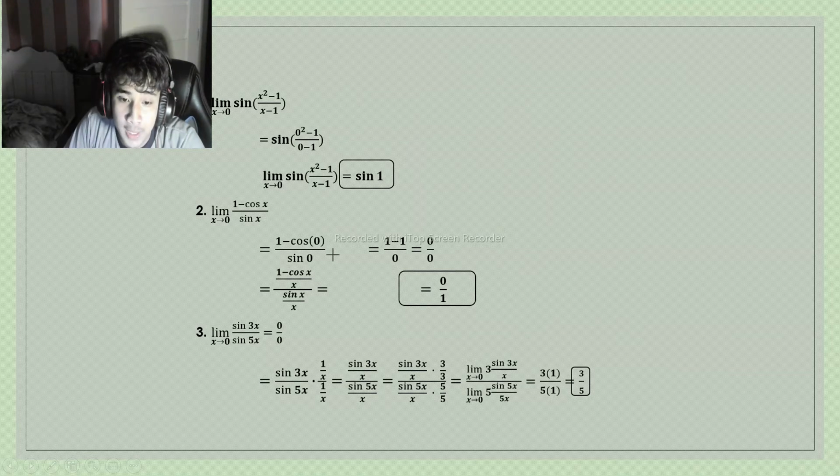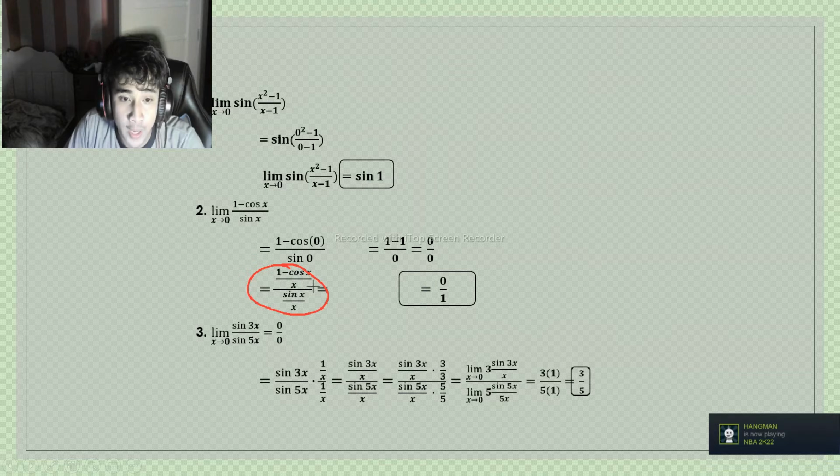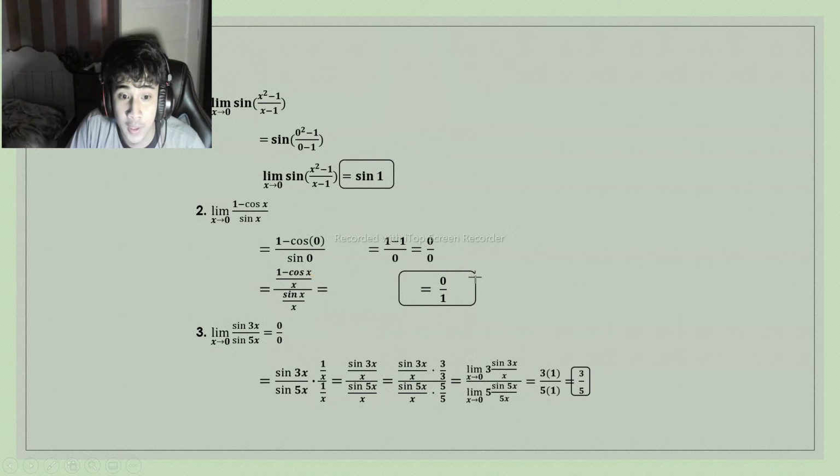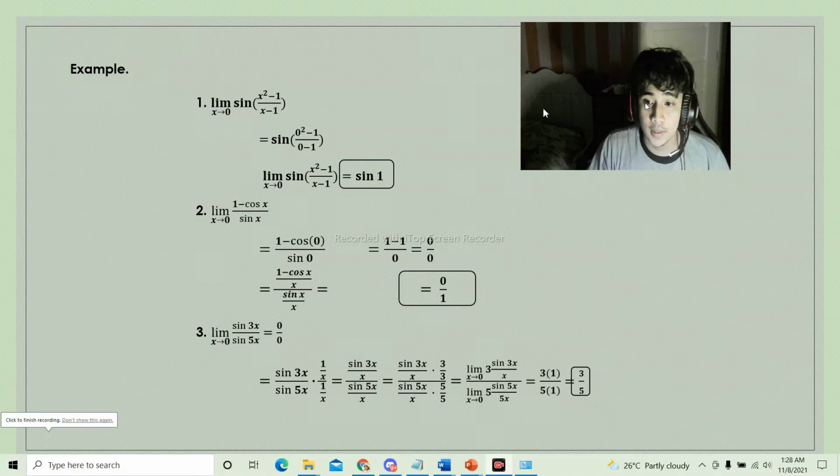So, pag minultiply na natin yan, ito yung magiging makukuha nating sagot: 1 minus cosine x over x and sine x over x. Na-achieve ba natin? Yes, na-achieve natin yung formula, which is yung 1 minus cosine x over x is equal to 0. Tapos yung sine x over x is equal to 1. And ang magiging sagot natin ay 0 over 1. Valid siya, kasi defined value. Yan. Next.